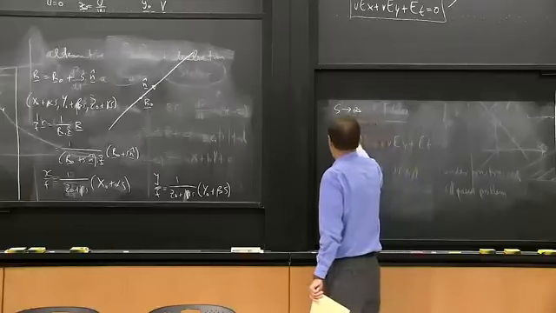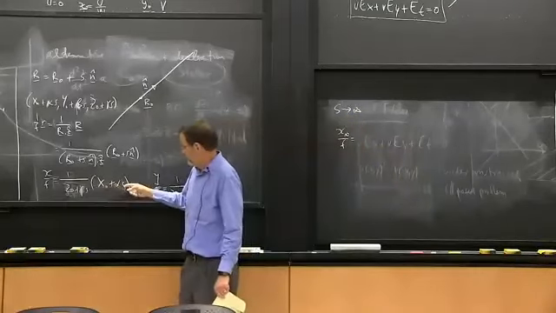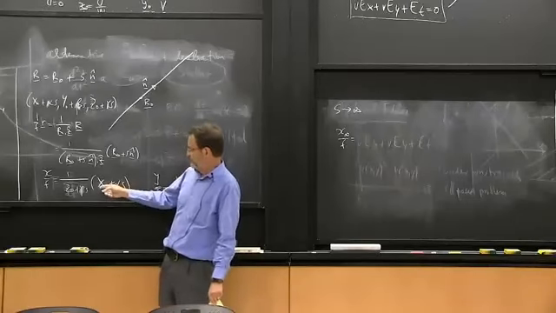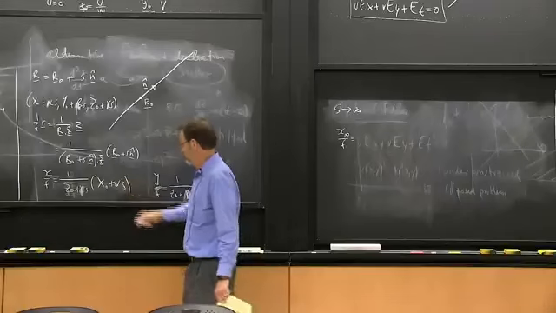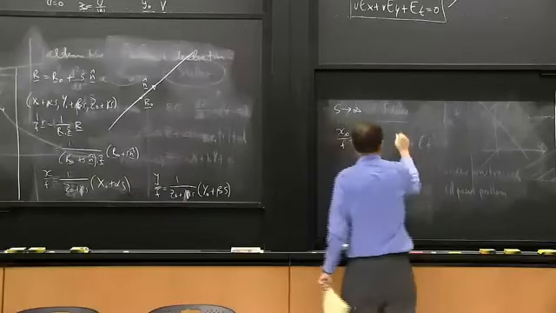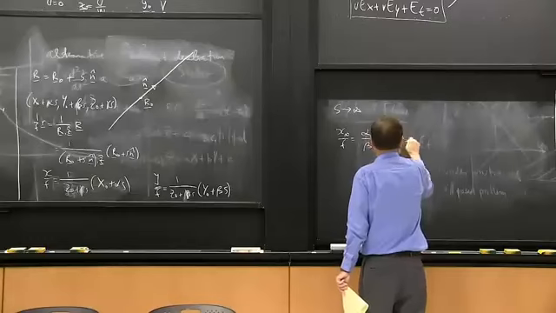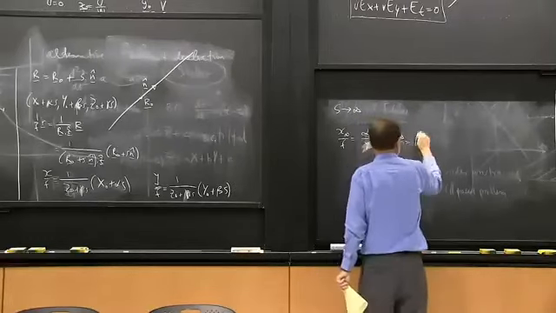Then we make S very big. Well, that means that we can ignore x naught, and we can ignore z naught, and we get alpha over gamma. Gamma, not beta.